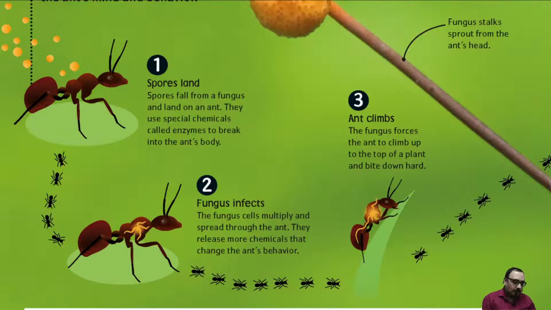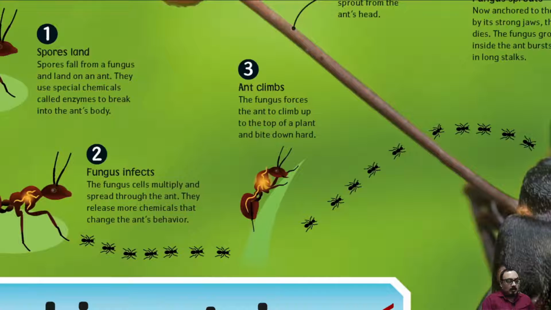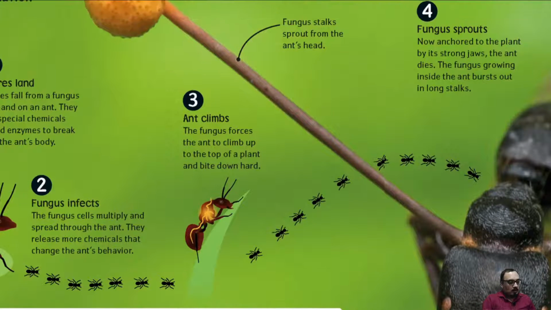The fungus starts the infection, in which it multiplies and spreads through the ant, and it releases more chemicals which lead to a change in the ant's behavior. Now what happens?